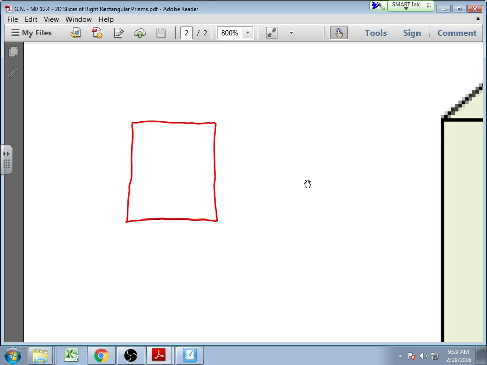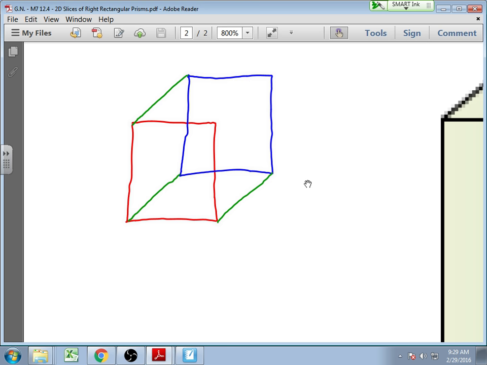Do not do what I'm doing because I'm going to cheat. I have a smart board, I get to cheat. We're going to draw another square identical, except shift it. Then, when we connect my corners, my brain now goes ahead and says, wait a minute, that's 3D.